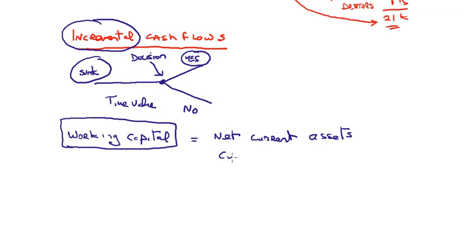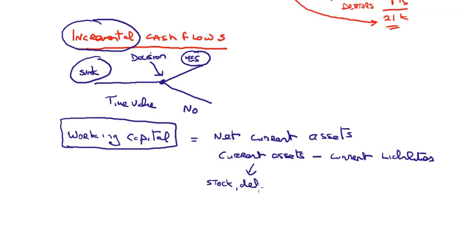Current assets, and minus current liabilities. We know what the current assets are: stock, debtors, and cash as well on the balance sheet, whether it's in the bank or wherever it is.